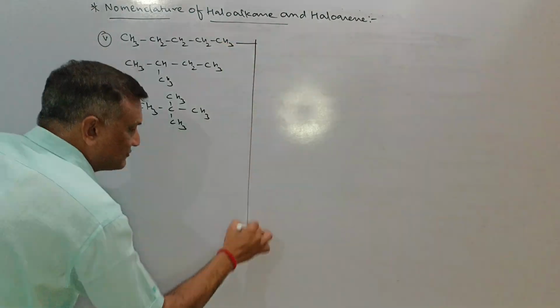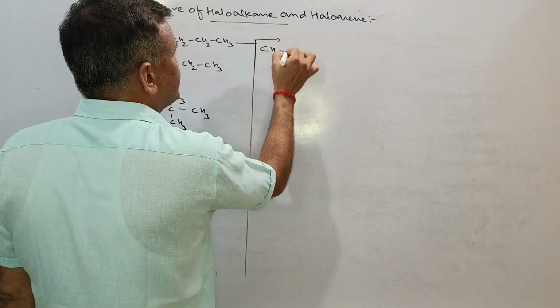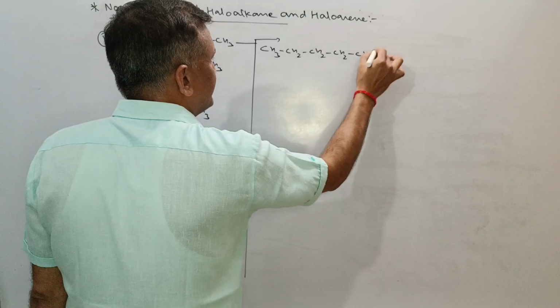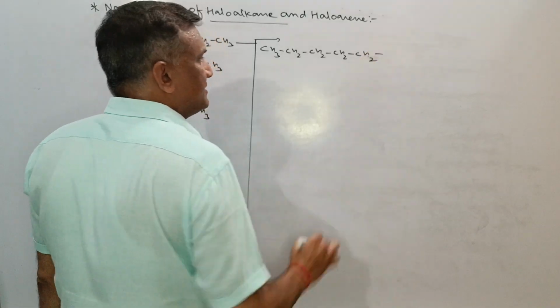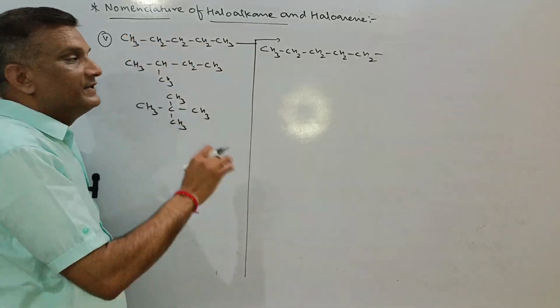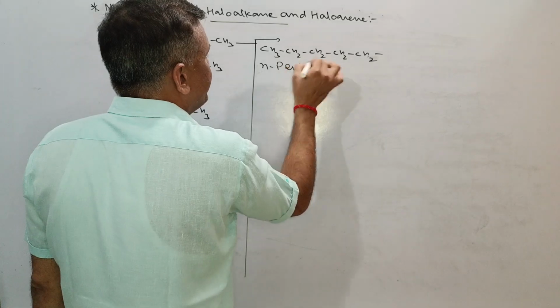If I remove the hydrogen from the number 1 position, then it will be CH3, CH2, CH2, CH2 and CH2. And on number 1, either from here or here, this is called the normal structure, so it will be N-pentyl.